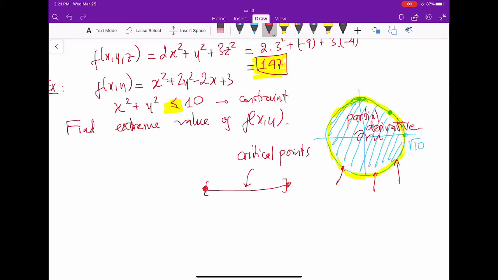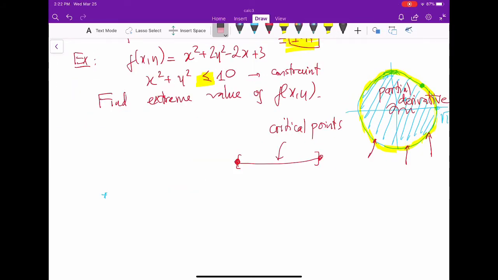So let's solve this problem. Let's find the partial derivatives of the function f. So I have f with respect to x is 2x minus 2, and f with respect to y is 4y. And we set them equal to 0 to find critical points. From here we get x equal to 1 and y equal to 0.